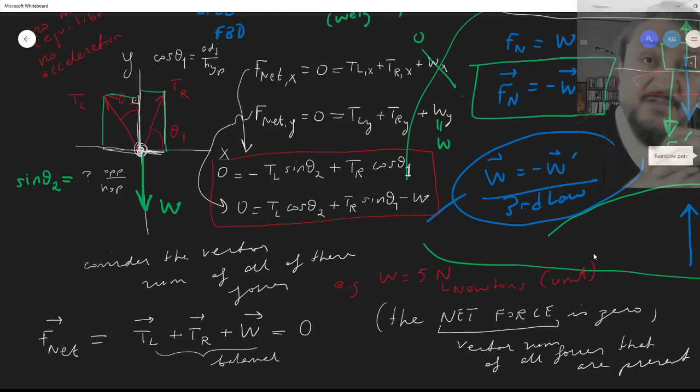And also we have kilograms. Kilogram is the unit for mass. I haven't talked about the definition of mass, which I will in a little bit. Mass is different from weight, okay?